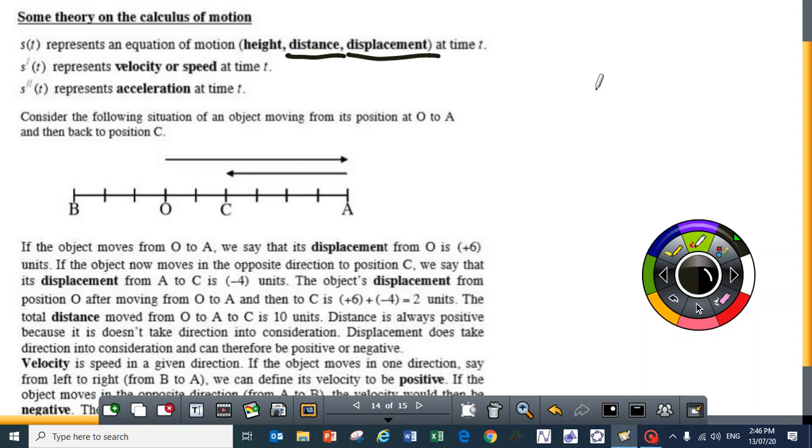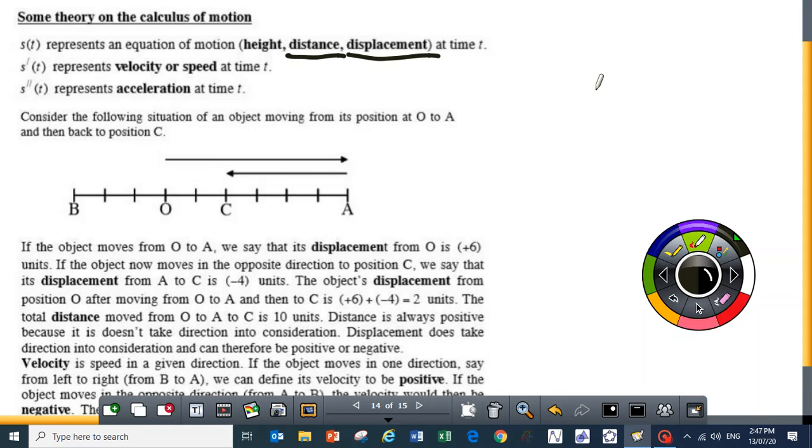Speed and velocity are related, just that speed does not involve direction, velocity does. So the first derivative of a displacement function is the velocity if the direction is involved, or it can be the speed if the direction is not involved.